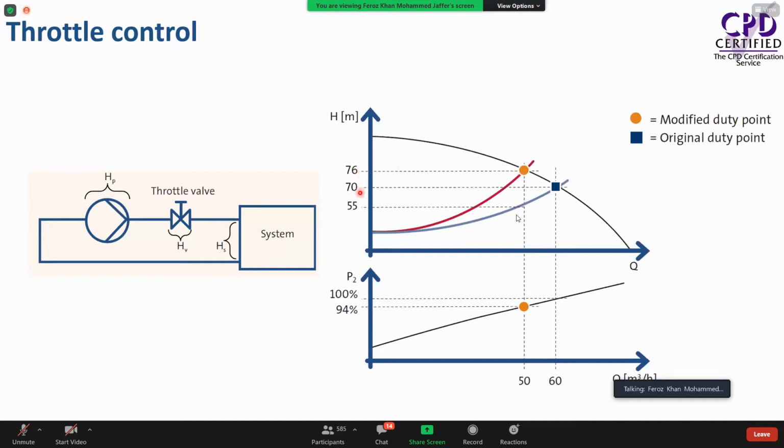Earlier it was 70 meters. Now we are increasing that to 76 meters. By this method, we are killing some energy, but the priority will be to meet the system requirement, which is the flow rate. So to meet the system requirement, we may need to compromise on the efficiency a little bit.